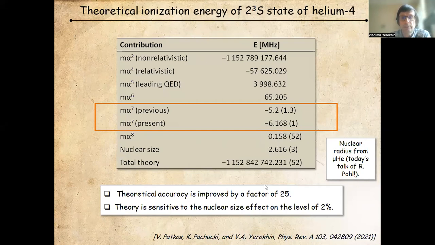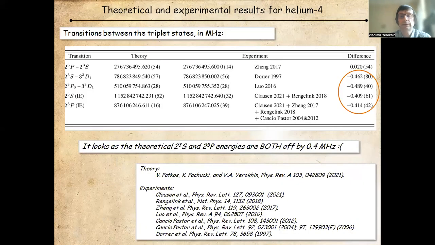And you also see that we are sensitive to the nuclear size effect at the level of 2%. Here we use the nuclear radius as obtained from the Munich helium experiment, as we heard today. And this looks good so far, but when we compare with experiment, we see that there is quite some problem. The first line here concerns the 2³P to 2³S transition, and it agrees with experiment perfectly.